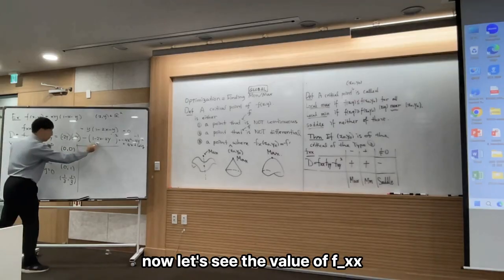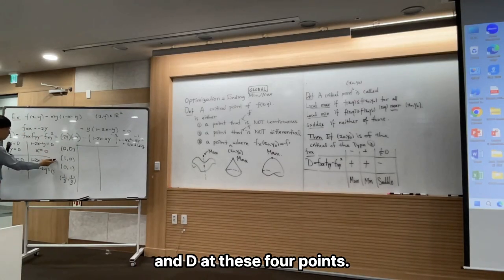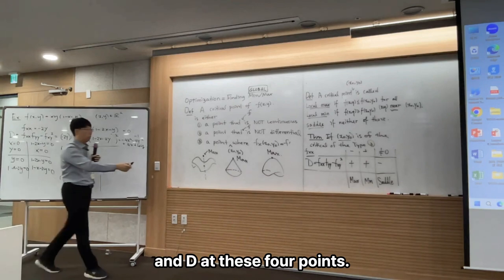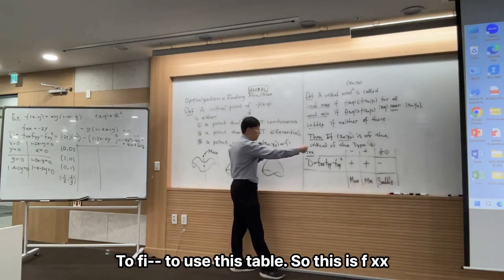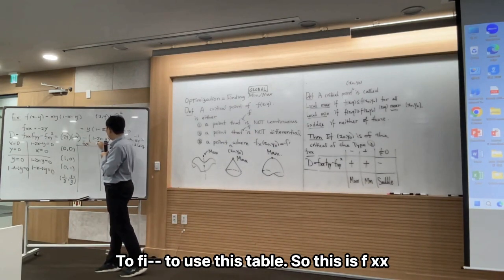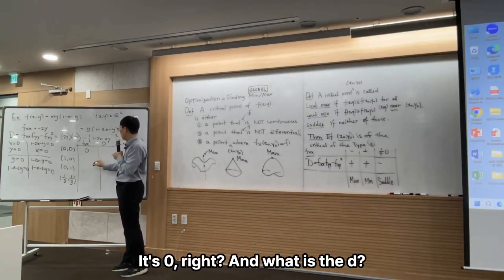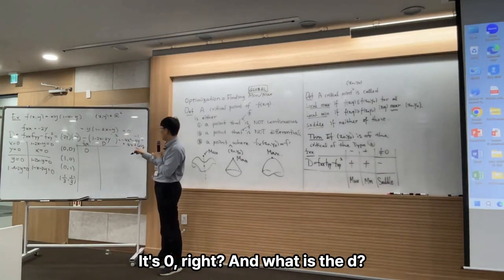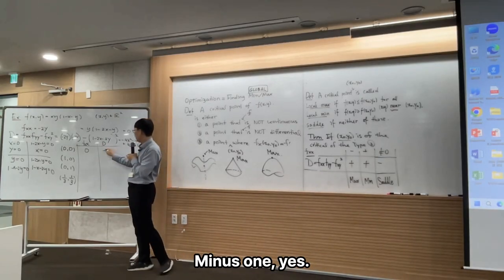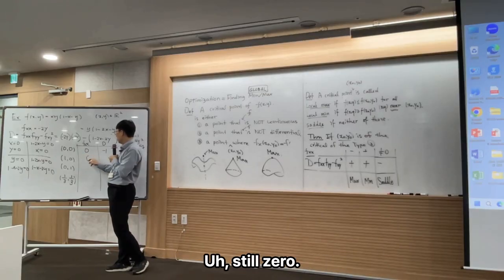So now let's see the values of fxx and D at these 4 points to use this table. So this is fxx and this is D. What is fxx at (0, 0)? It's 0, right? And what is D? Minus 1, yes. And then what is fxx at (1, 0)? Still 0.